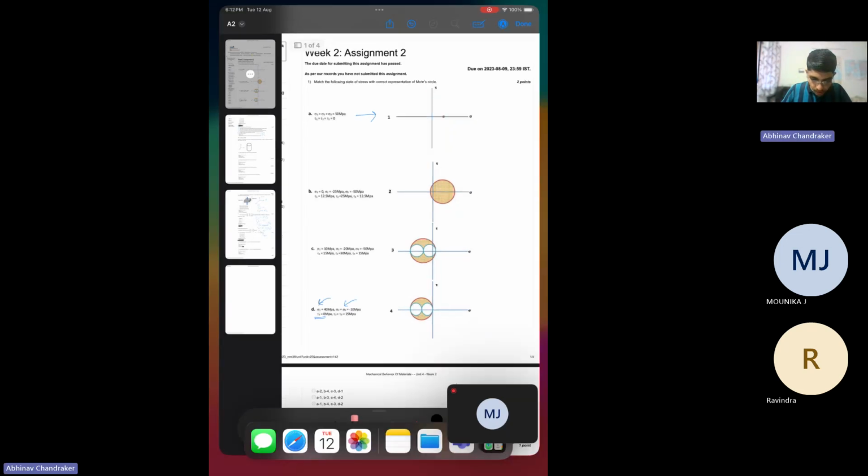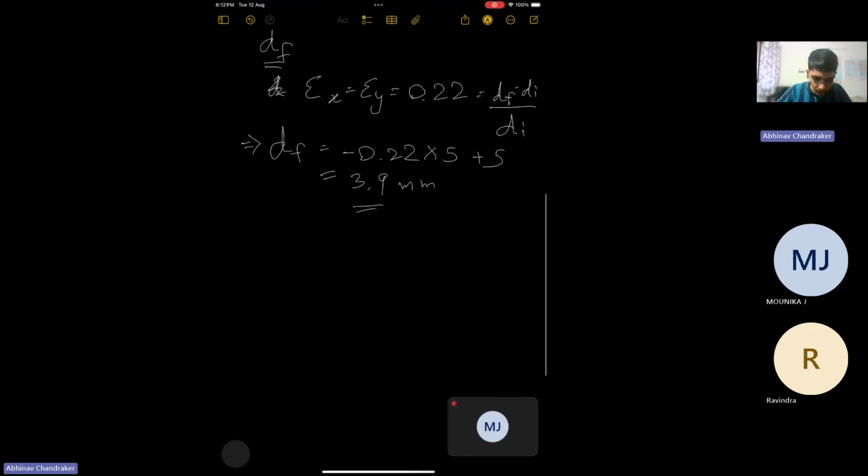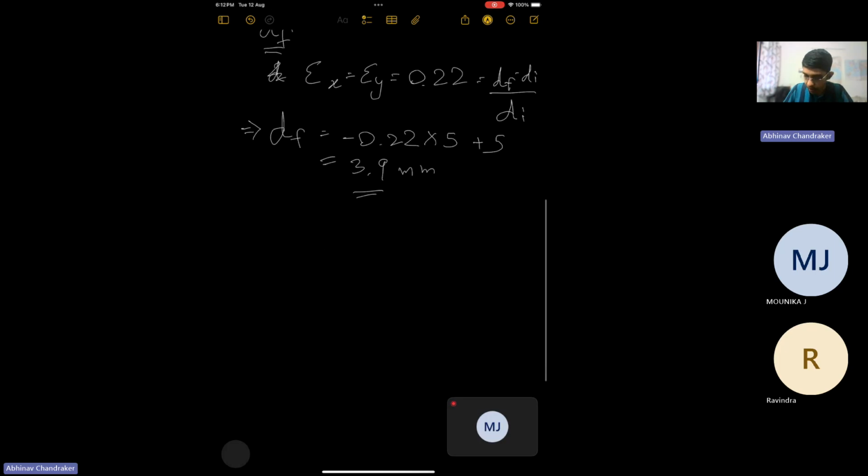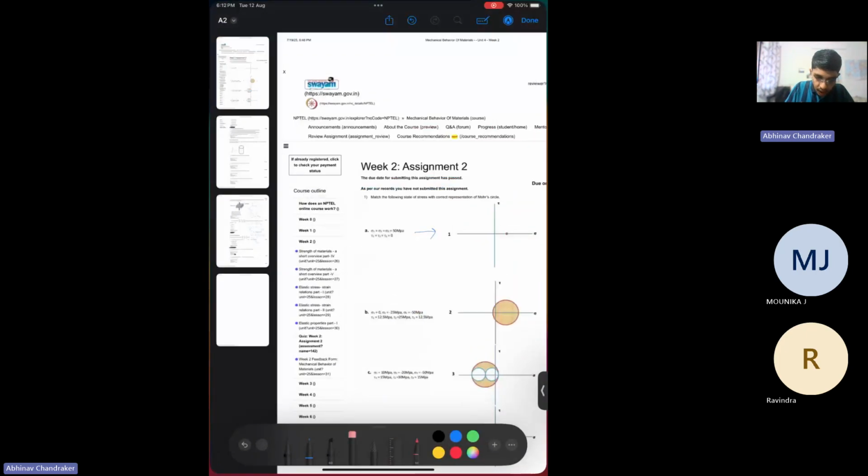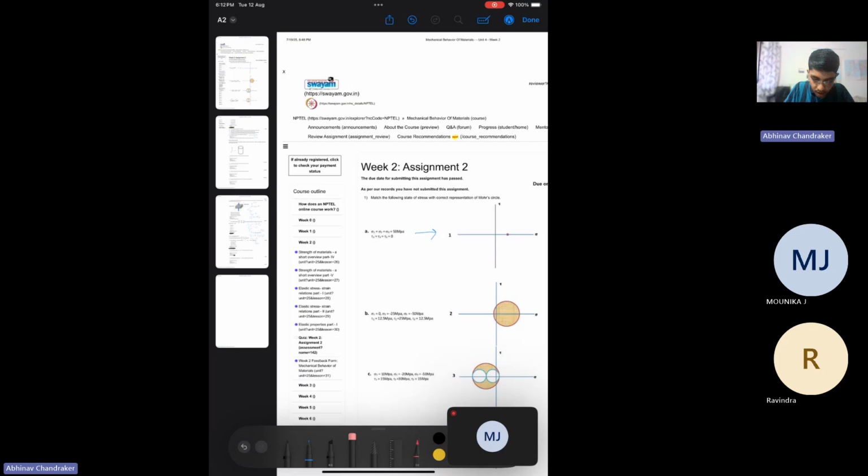The reason we were stuck with this, I later clarified with some people. We were stuck because we were considering the sigma values and tau values as those of the actual stress state.